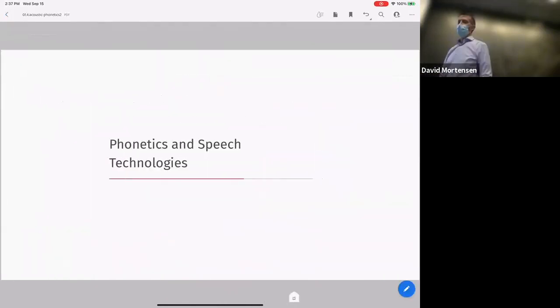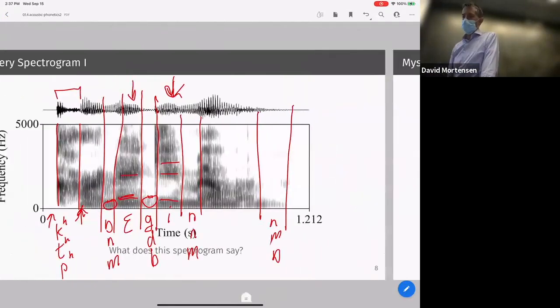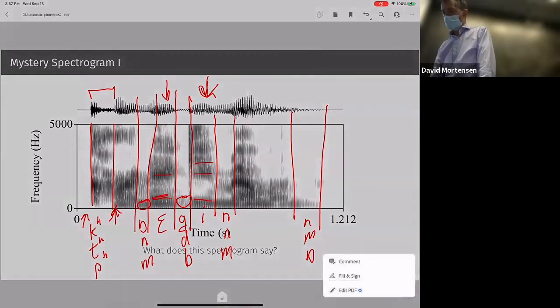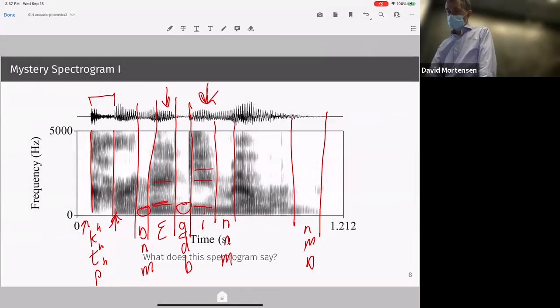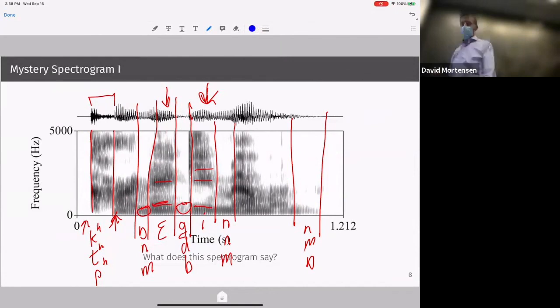Can I ask a question about that? Can you go over where the R's and L's are? Yeah. I skipped the R because it's kind of hard to see in the spectrogram. But there's an R right here.